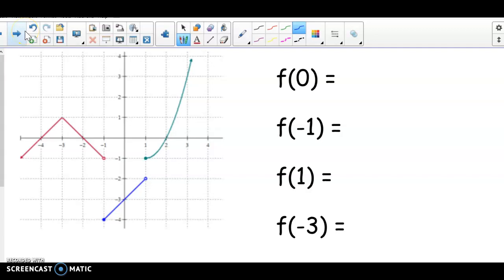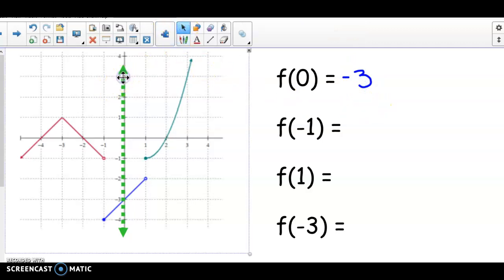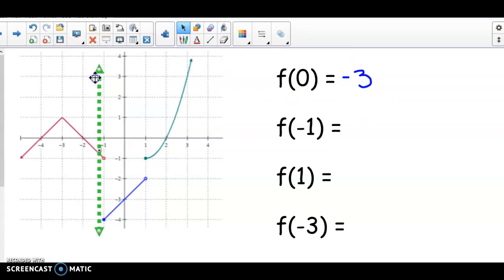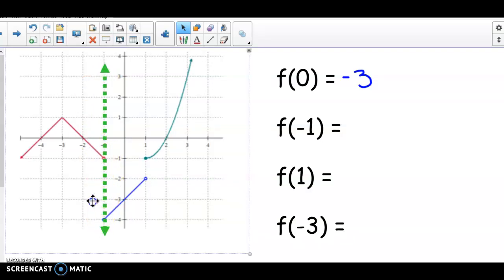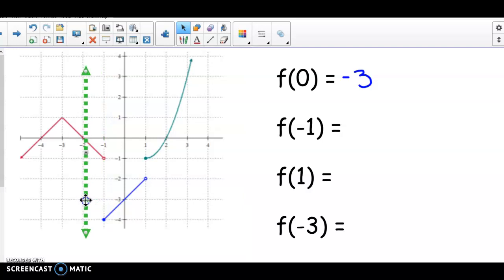When we have a piecewise function, all we have to do is look at where our x value is located and then figure out what our y value equals. So for this one, when x is 0, that's pretty easy. When x is 0, it crosses our y at negative 3. If we move our graph over to negative 1, there's an open circle here, but there's a closed circle here, if you can see it.